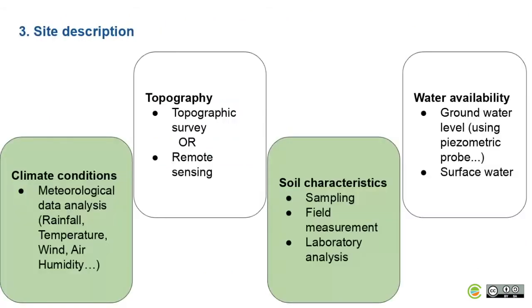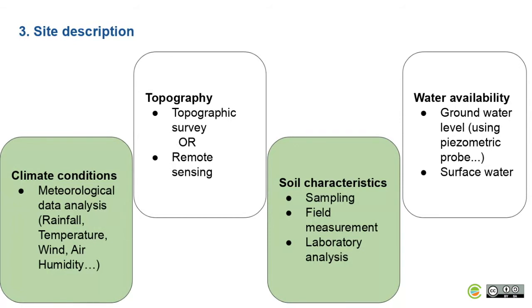And for this, a meteorological analysis on rainfall, temperature, wind, air humidity, etc. must be done. And after that, the topography of the site must also be studied, because the slope, for example, has a very big impact on the development of the plants.